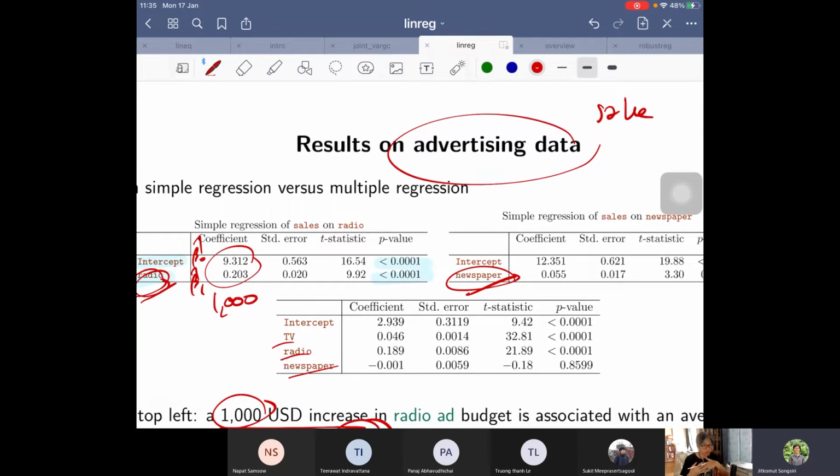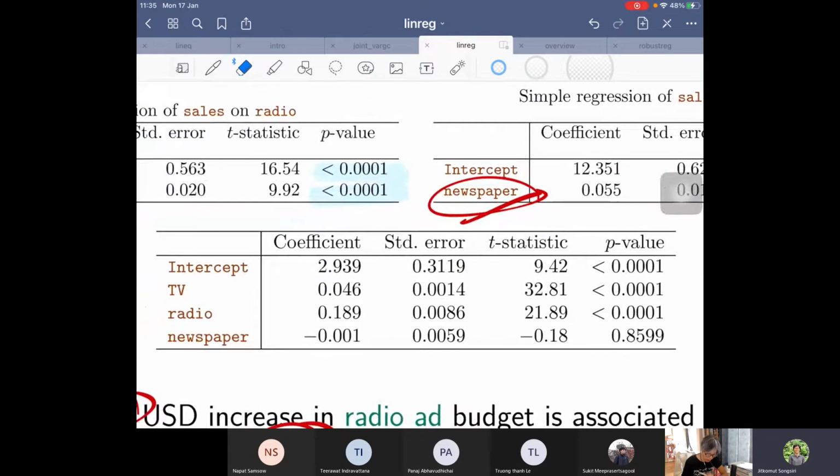On another regression model, now I include all the variables, all the predictors at once: TV, radio, newspaper. Look at this result. Now look at the p-values. Do you see anything insignificant?